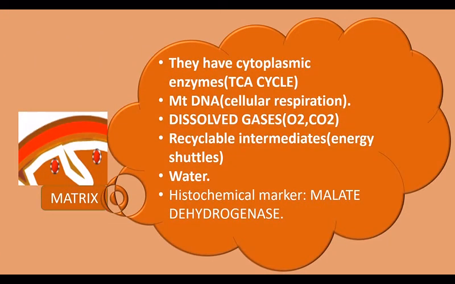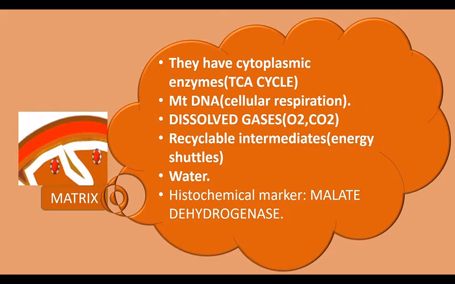The matrix is the inner side of the intermembrane space and inner membrane. They have cytoplasmic enzymes which are needed for the TCA cycle. It is now also known as the Krebs cycle or citric acid cycle, etc. The mitochondrial DNA is responsible for cellular aerobic respiration.